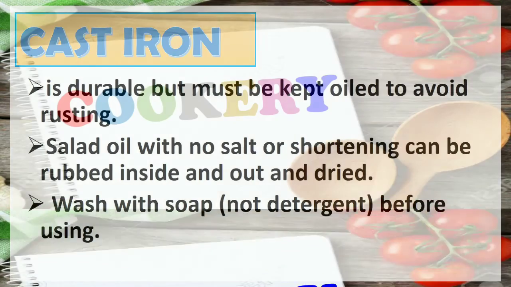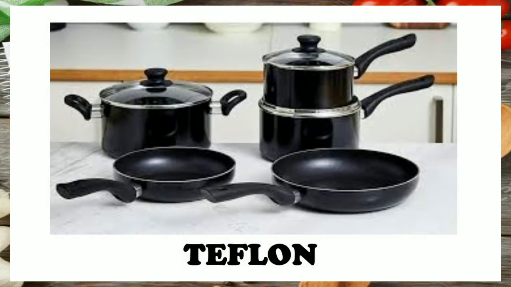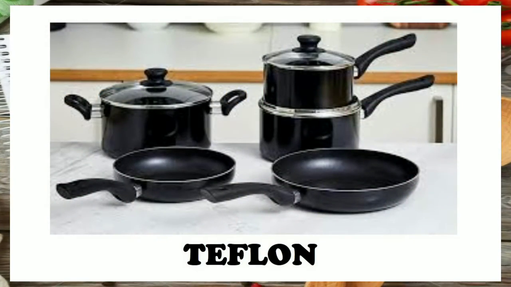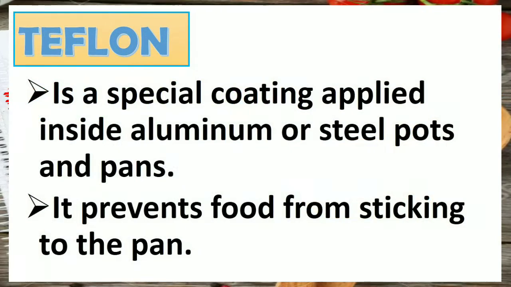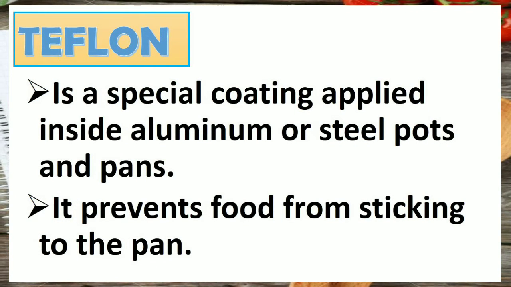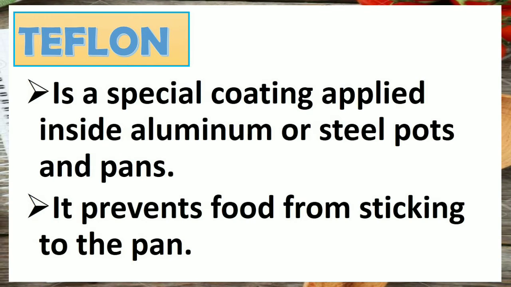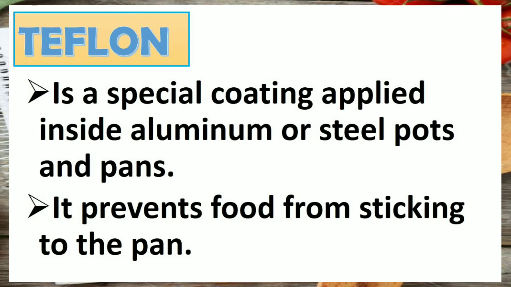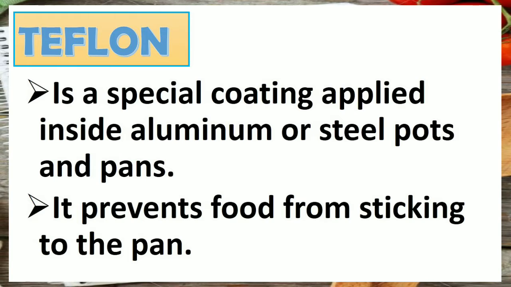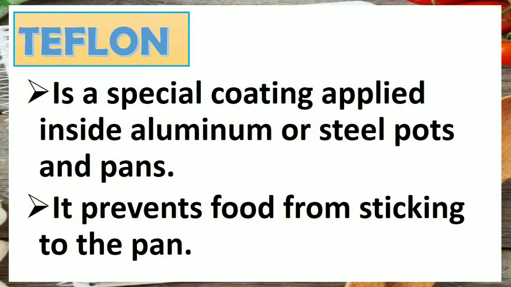Okay? The last one is this, the Teflon. Teflon has a special coating applied inside aluminum or steel pots and pans. It prevents food from sticking to the pan. This is used when we are making pancake. So it will not stick on the pan because it has a special coating.